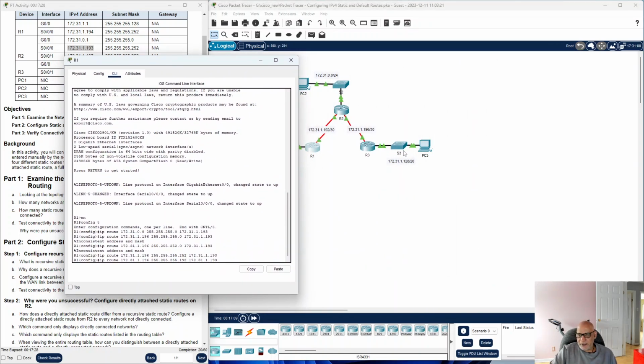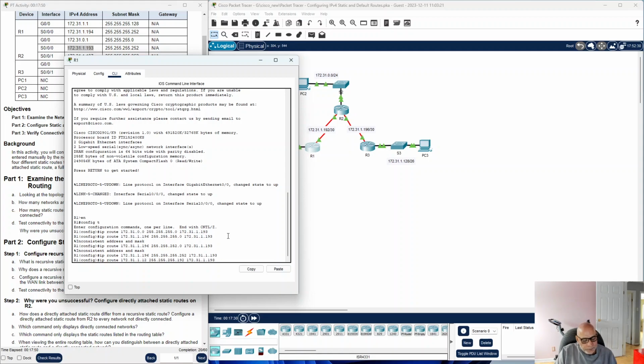And the network ID is 172.31.1.128. Okay, so here all we need to change is the last octet, which is 128. That's the network ID.